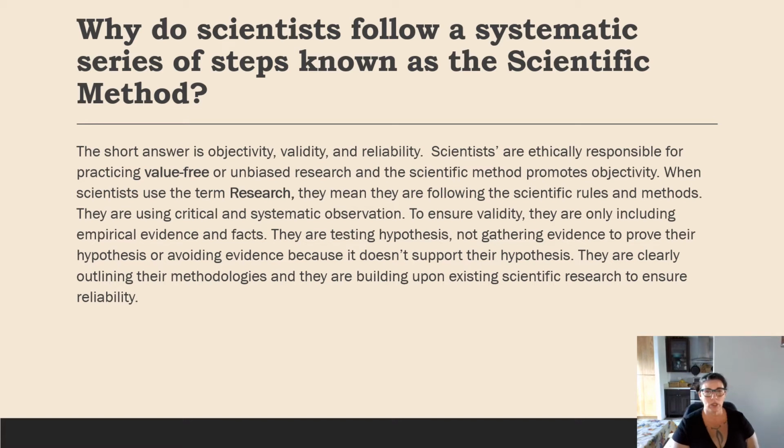Also because we always intend on practicing what we call value-free or unbiased research. We don't set out to do research with an agenda to prove our own point or answer a question in a certain way. You can ask a question, but you should be open to any answer that might be out there.